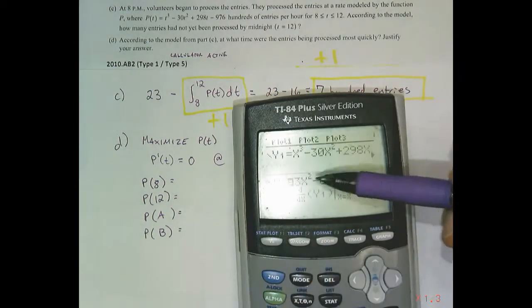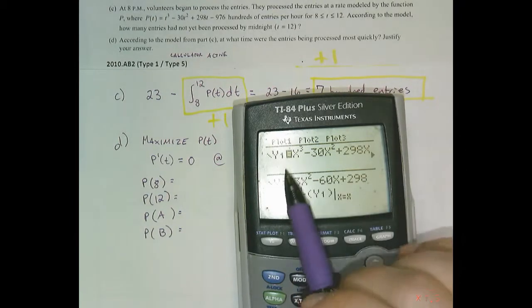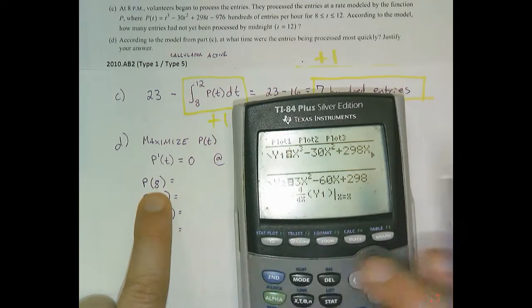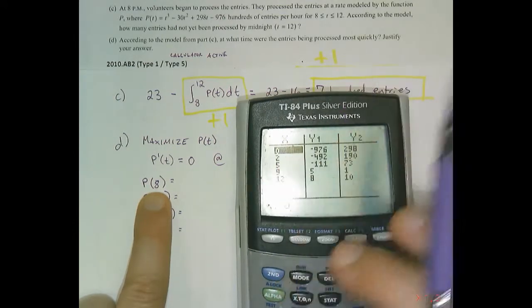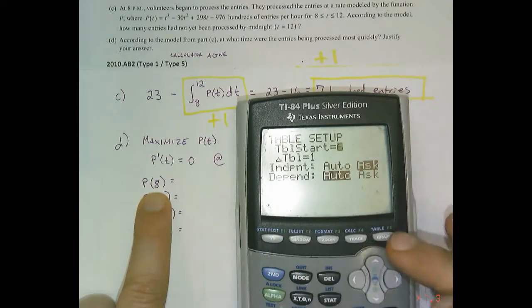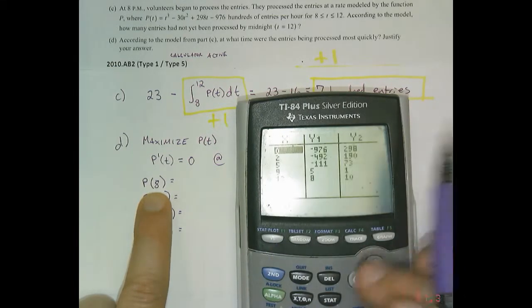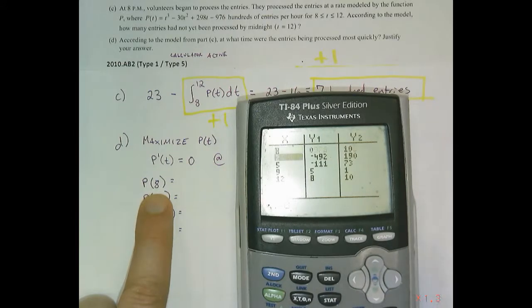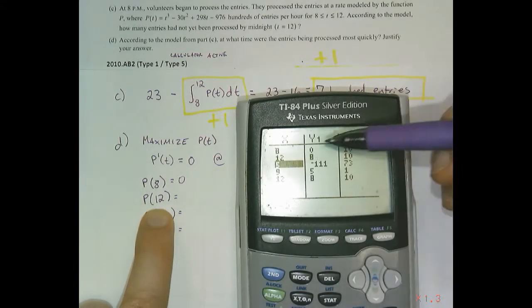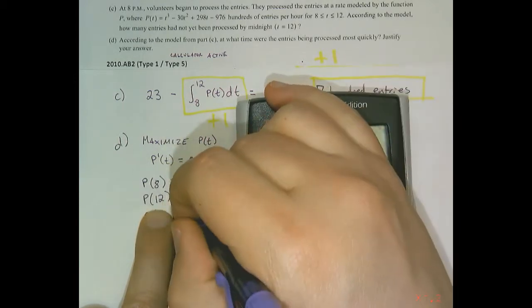Since I have P stored in Y1, I can have my table do this for me. So if I go to second table and the setup is already set to ask, we can go here and type in 8, returns a value of 0. 12 returns a value of 8.